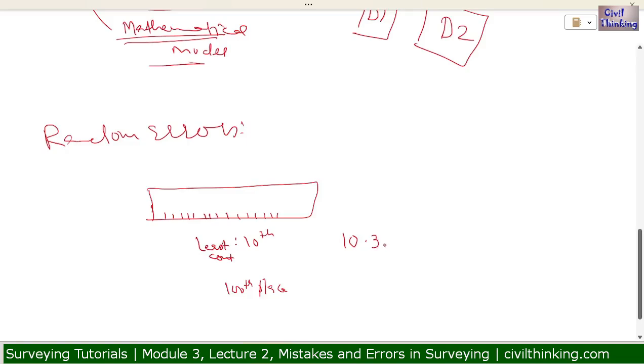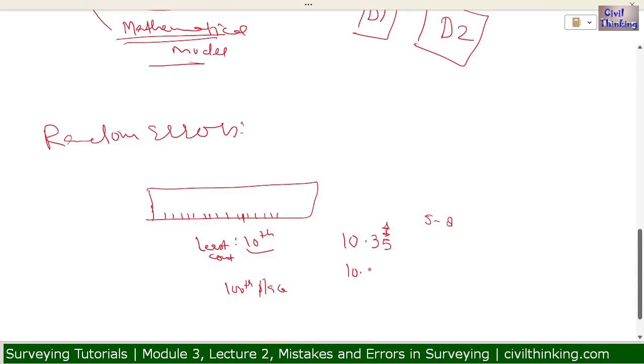Now you are trying to predict the next number, so you have to guess this one, because the least count is only up to the tenth. This number is somewhere between 5 and 8, so you have to use your best judgment. Let us say you guess it is 10.35.